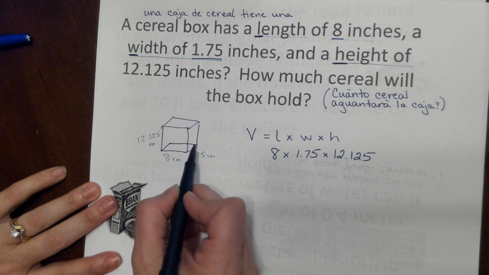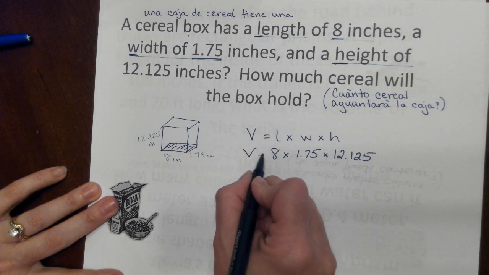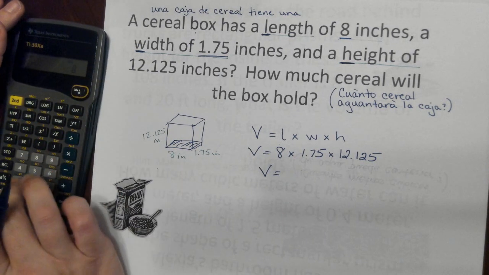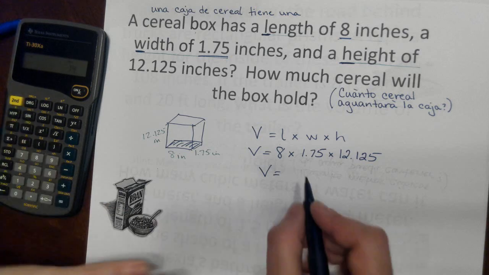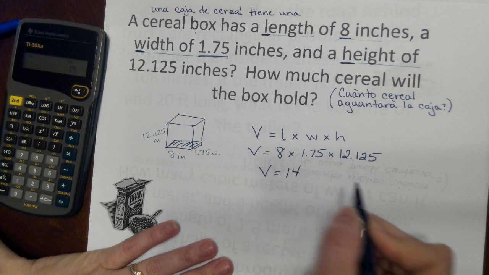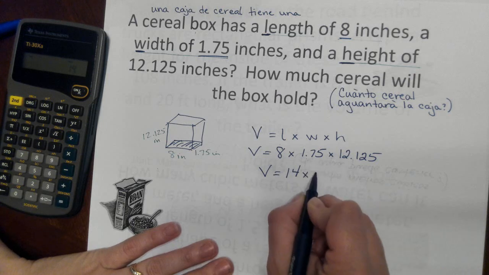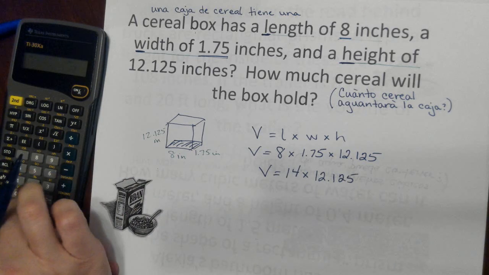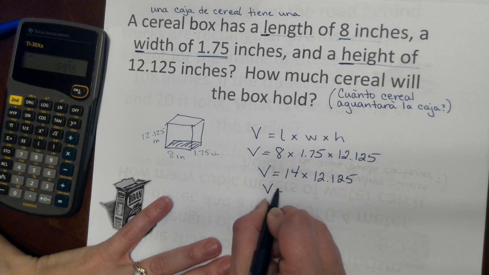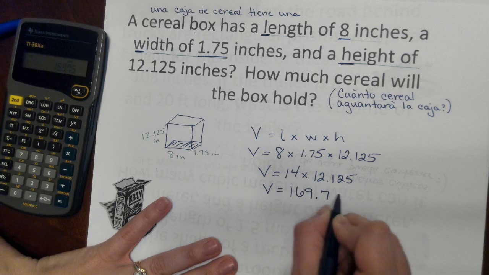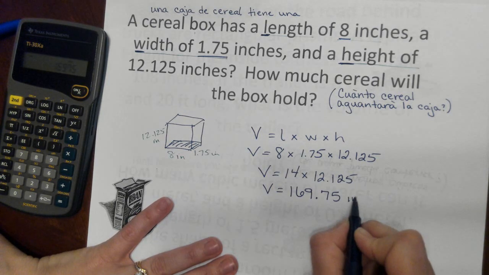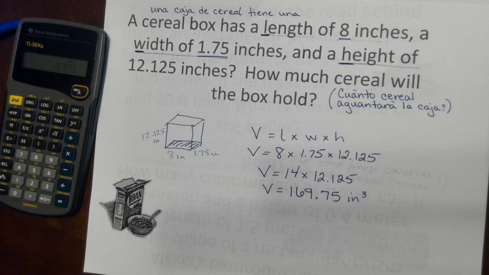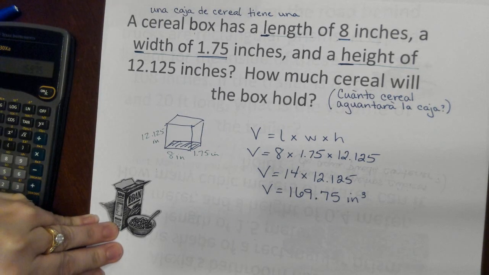Finding the area of the base first. Just to speed it up, I'm going to use my calculator. 8 times 1 75/100 is 14. So the area of the base times the height. So the volume is 169 75/100 inches cubed. So it holds 169 and 75/100 inches of cereal if you filled it to the top, which we know doesn't always really happen.